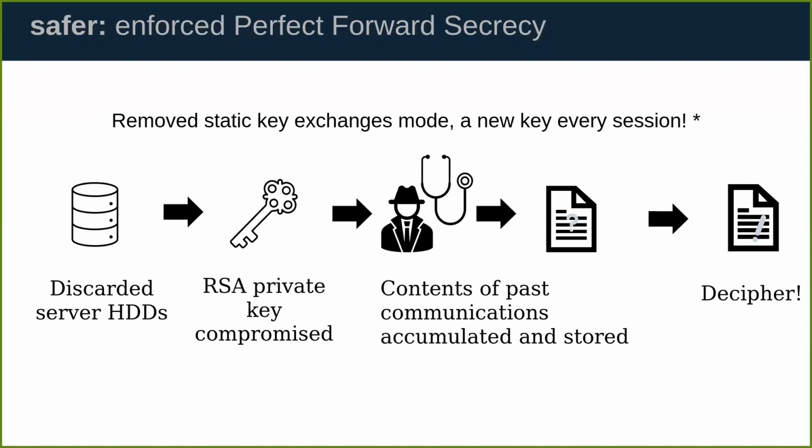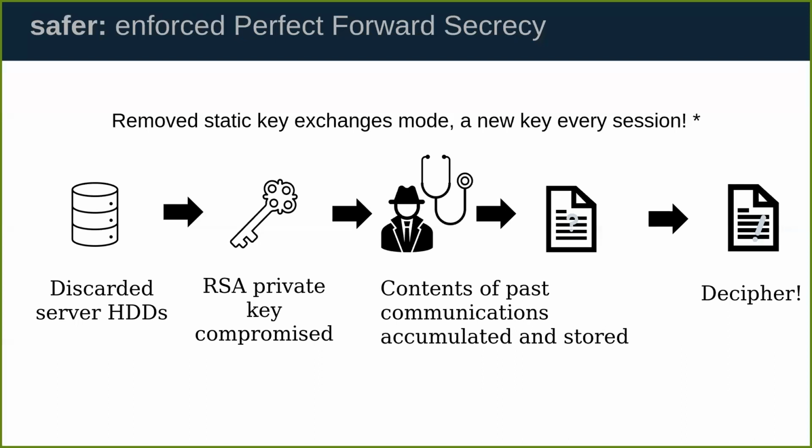This is accomplished by negotiating a new key every single time. The attack vector that perfect forward secrecy protects against is, for example, you have a server and the hard drives of the server are being discarded in an unsafe manner.